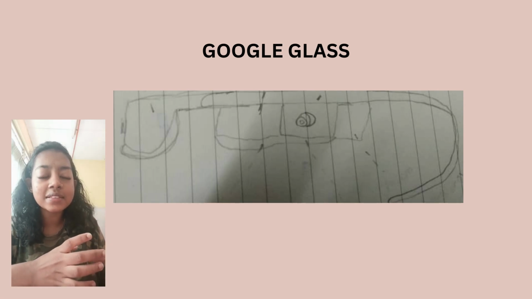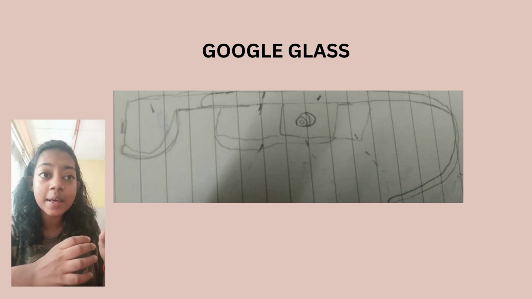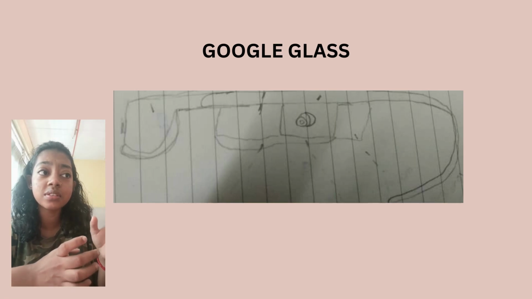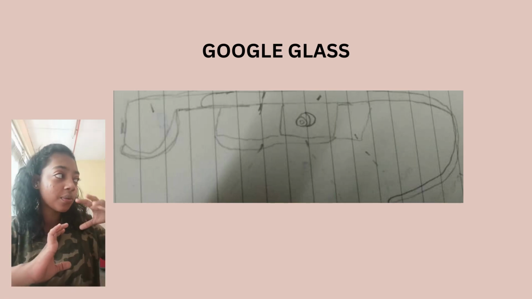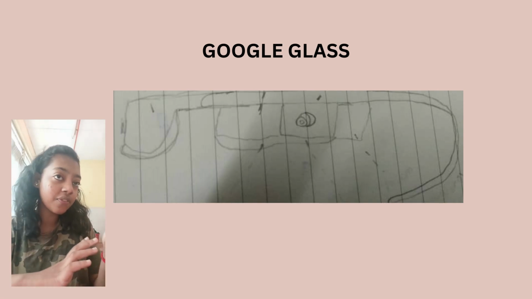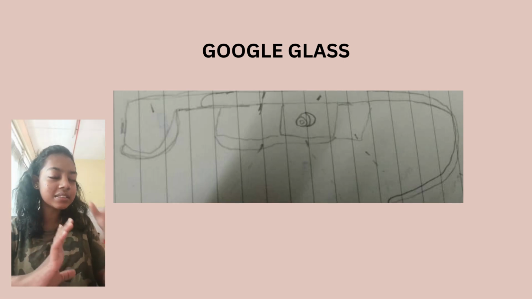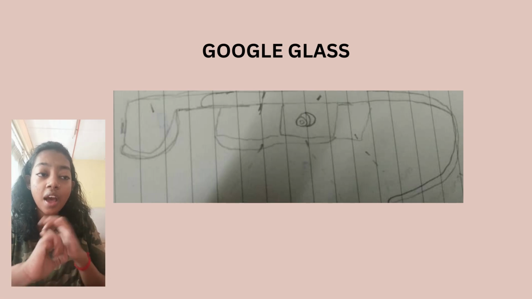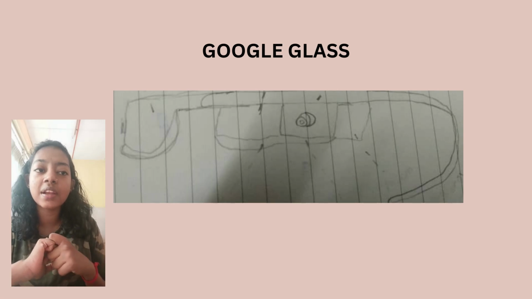This glass is a wearable voice and motion control Android device that resembles a pair of eyeglasses, and displays information directly in the user's field of vision, which means it won't be showing anywhere else. It will be showing just in front of your eyes. It doesn't have a very big image, just small and nice. This glass offers an augmented reality experience by using visual, audio, and locator based inputs to provide relevant information.